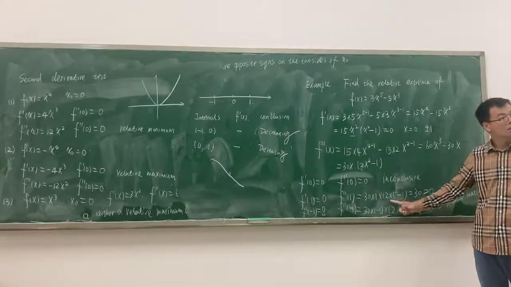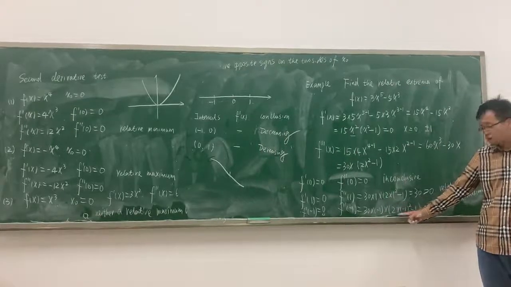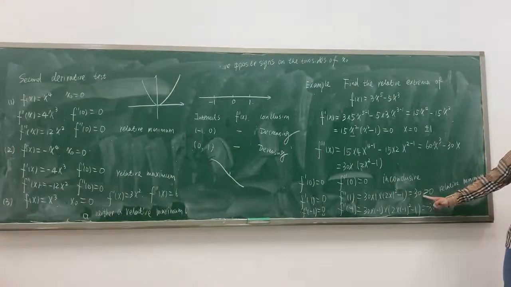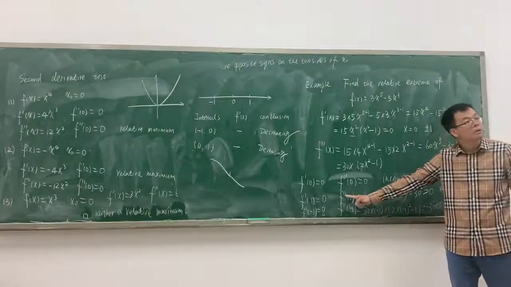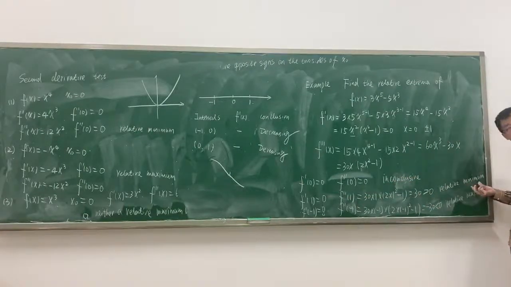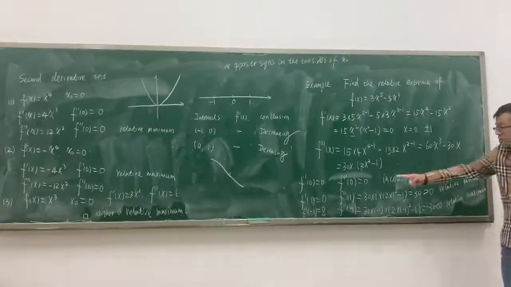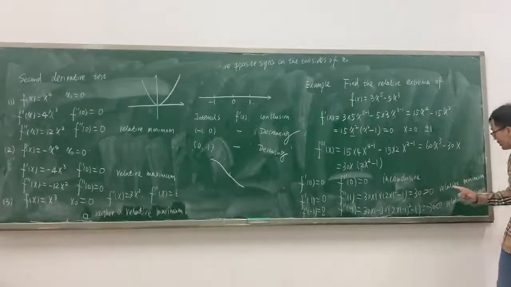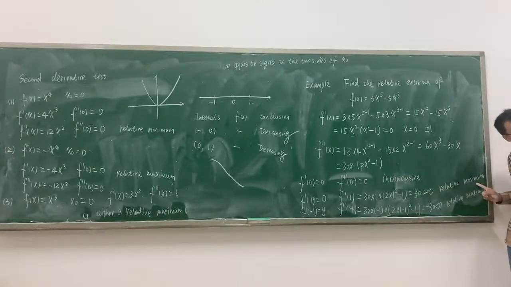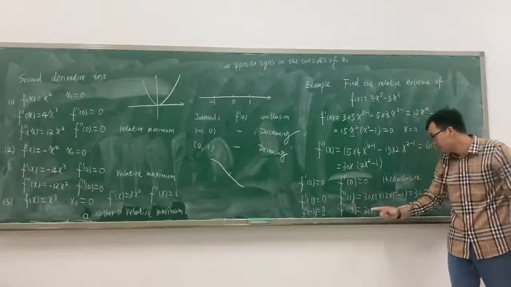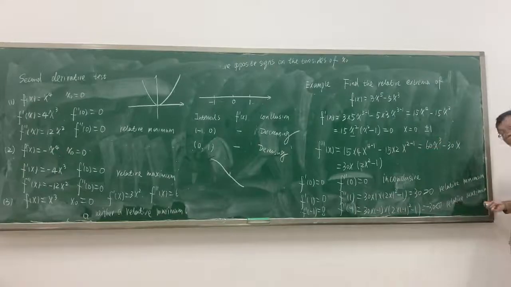So you can see the conclusion. The first: f prime equal to 0, f double prime greater than 0 is a relative minimum. And f prime equal to 0, f double prime less than 0 is a relative maximum.